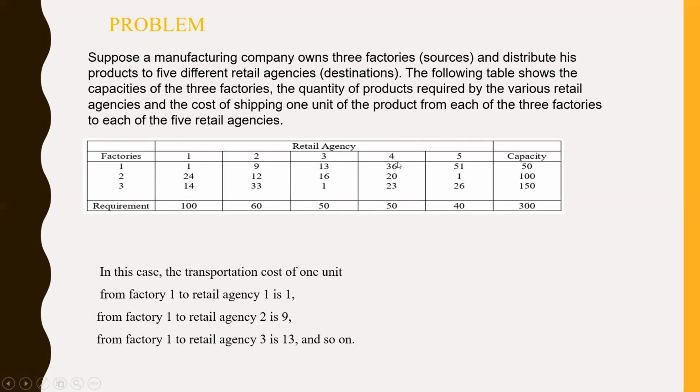Then x14 will be the amount transported from factory 1 to retail agency 4, and so on till x35, which is the amount to be transported from factory 3 to retail agency 5.